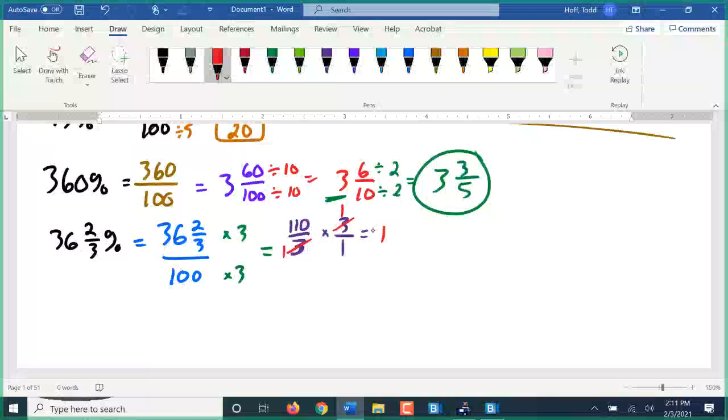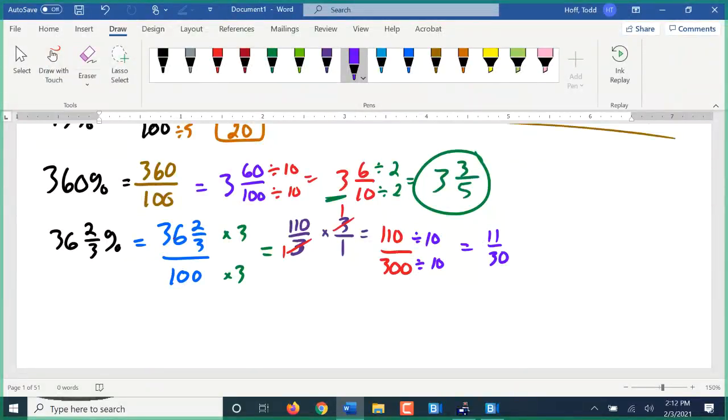That's right, I get 110 there on top. On bottom, 100 times 3 is 300. Now I have a fraction without other fractions in it, but both of those numbers can be divided by 10. You give me 11 over 30. 110 divided by 10 is 11, 300 divided by 10 is 30. So 36 2/3% is the same as 11 out of 30. That ratio.